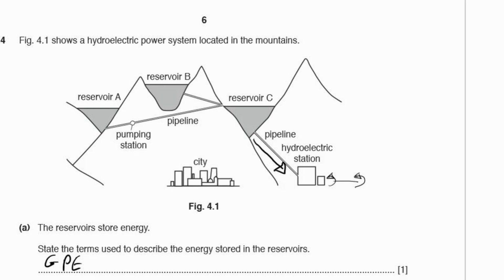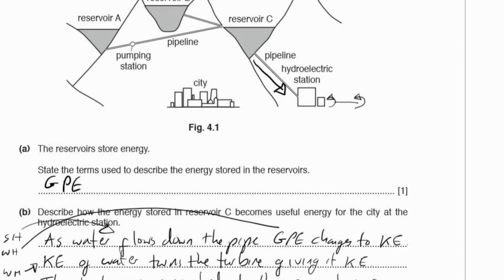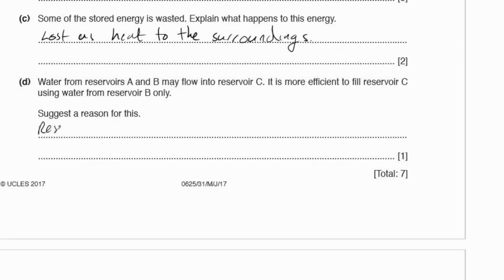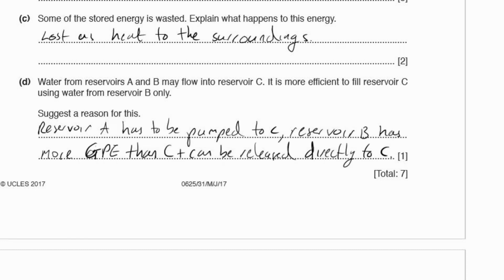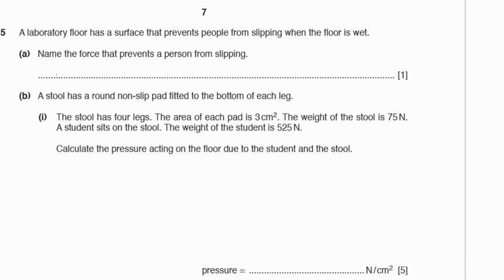I don't have to put energy into the system to do that. So reservoir A has to be pumped to C, whereas reservoir B has more gravitational potential energy than C, and it can be released directly to C.